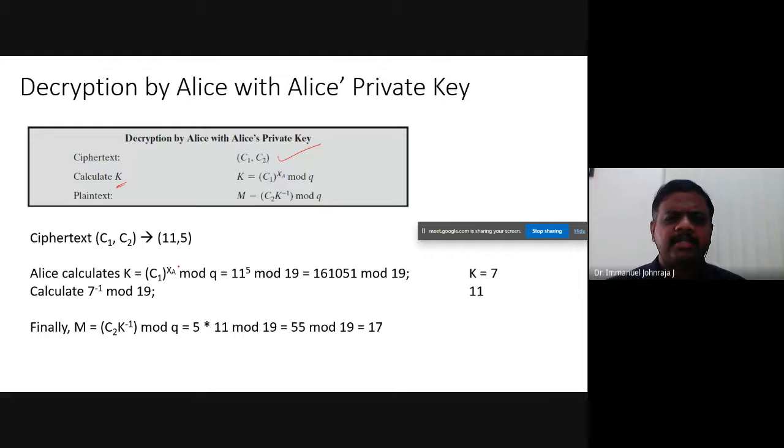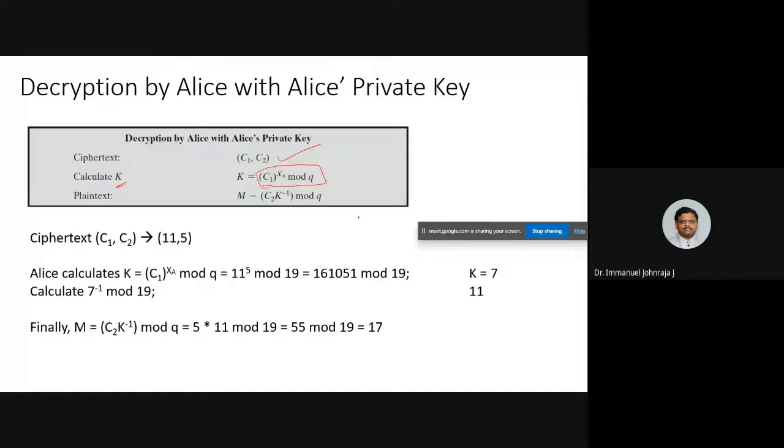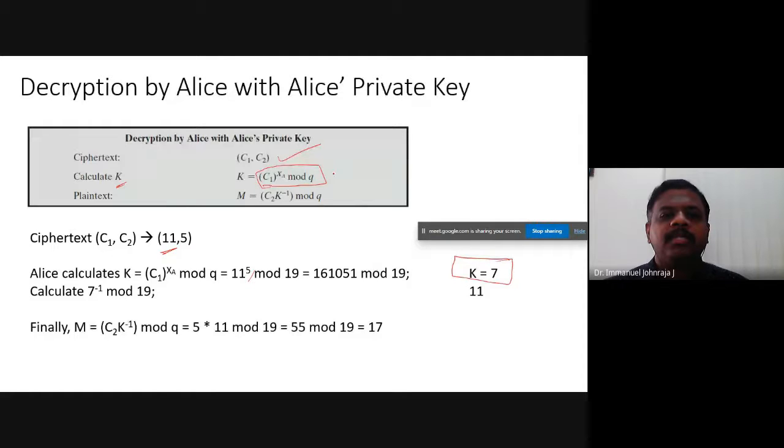Capital K is C1 power XA mod q. What is C1? 11. What is XA? Her private key, 5. So 11 power 5 mod 19, you will get K value as 7. Again, this is straightforward.